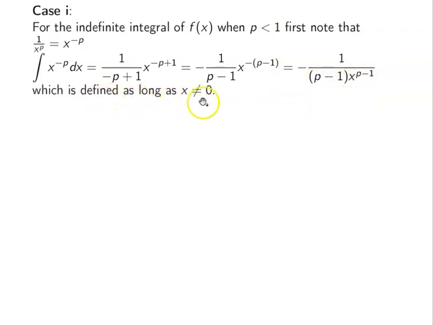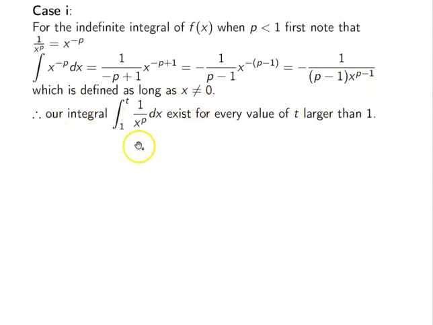And this is defined as long as x is not equal to 0, which we know is not inside of our interval, right? So our integral from 1 to t of 1 over x to the p exists for every value of t that's larger than 1, right? The only time this does not exist is when x is 0, and that's not in our interval. So if I'm looking from 1 and forward, this exists forever, right?